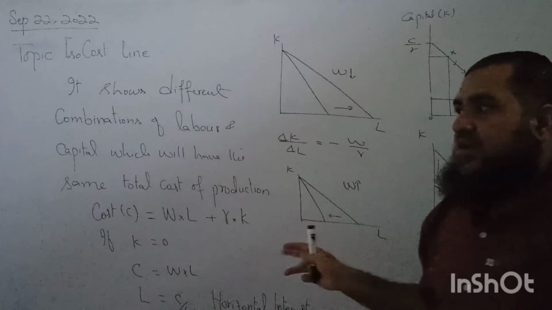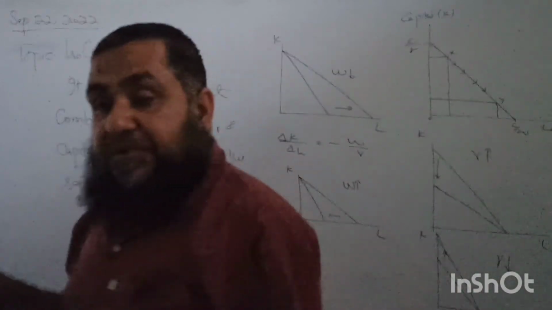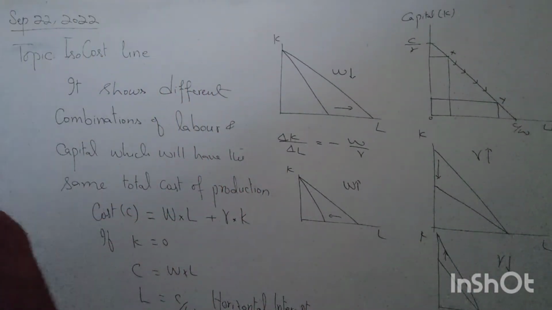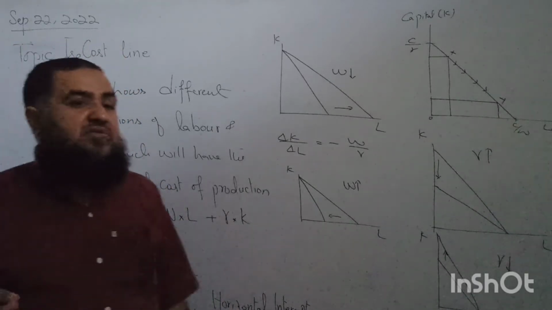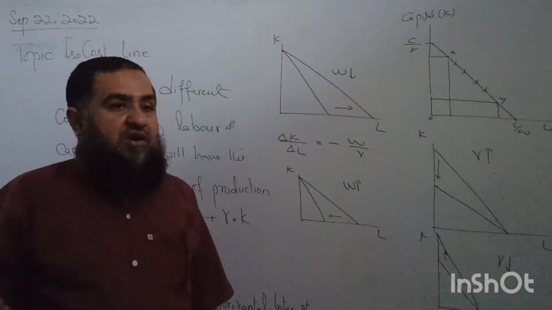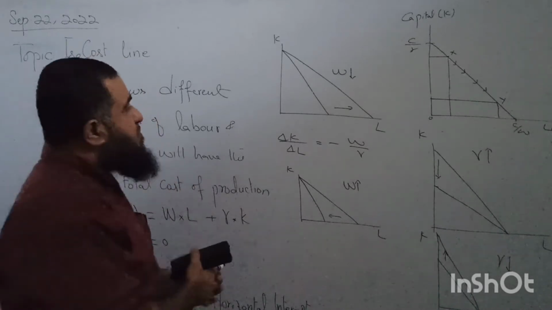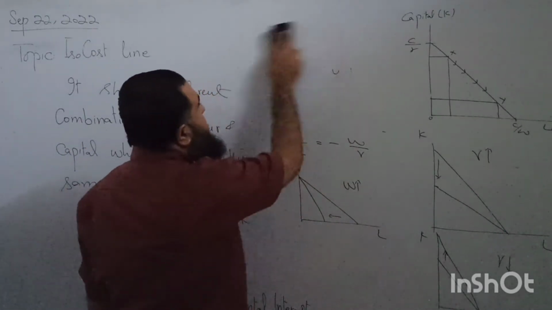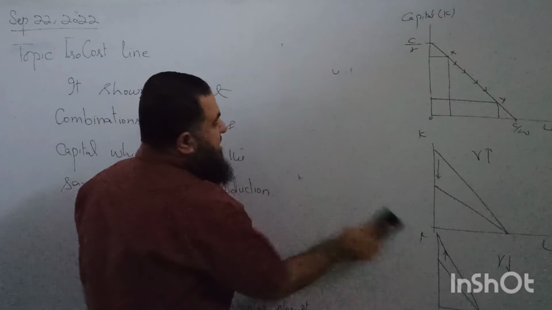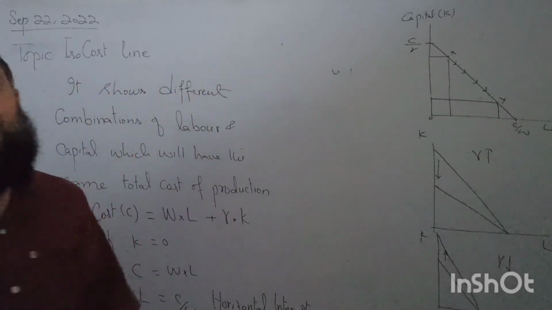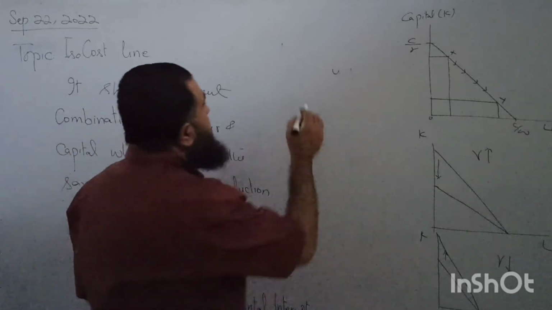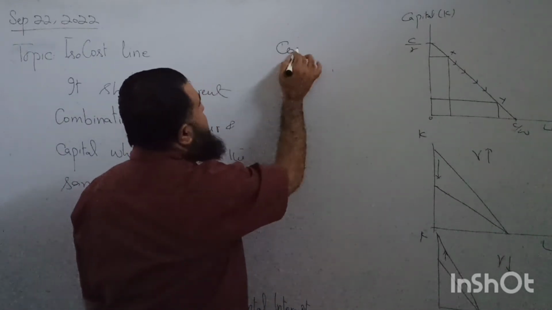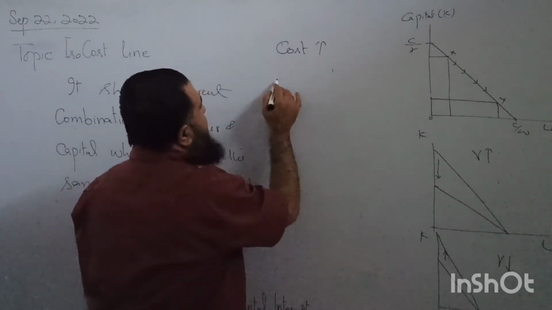Alright or no? Now if the producer has increased his total cost bill, like previously he was having a 300,000 rupees per day cost bill. So if he wants to produce more output and has increased total cost, what happens to the isocost line? It will have a parallel rightward shift.